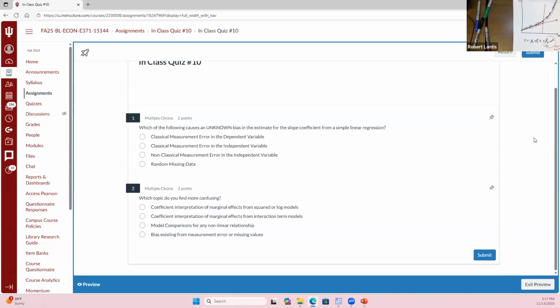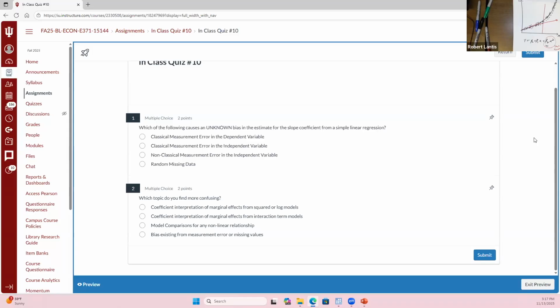So when we're thinking about what has an unknown bias, it's not going to be classical measurement error. If we have classical measurement error in the dependent variable, Y, as we saw with the GDP, what did that do to our estimate? Nothing. It didn't even change the statistical significance, right? So with classical measurement error in the dependent variable, we know the bias. The bias will be 0.